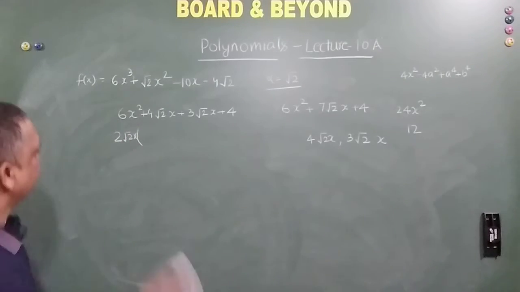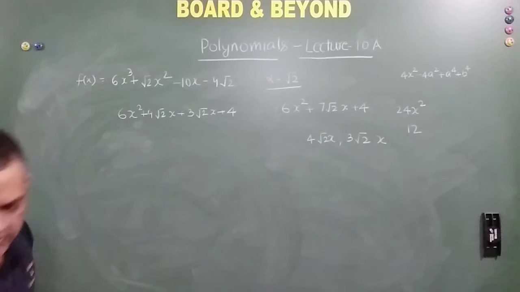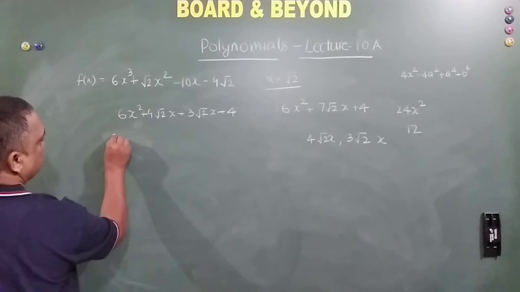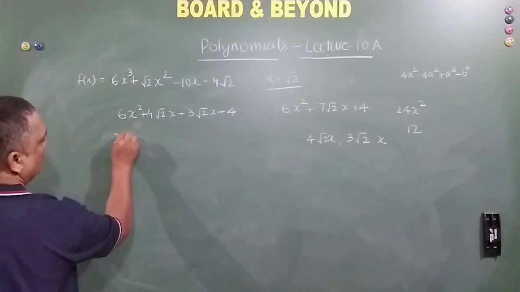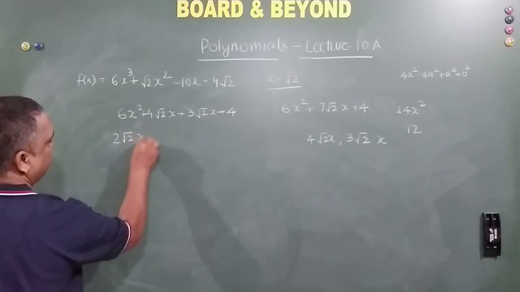So this would have become very small, so let me just write. 2 root 2 x.